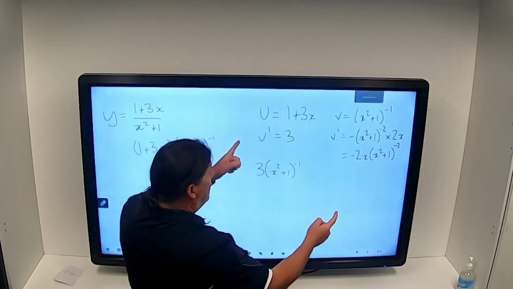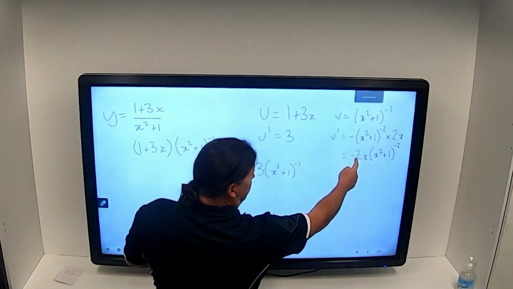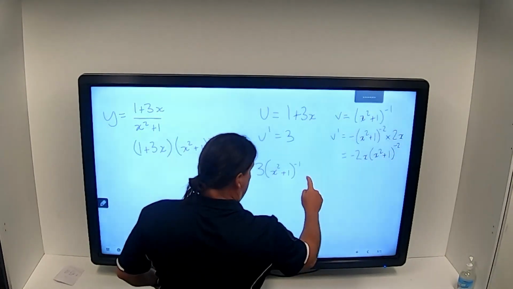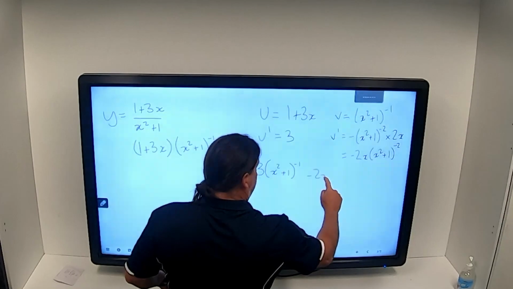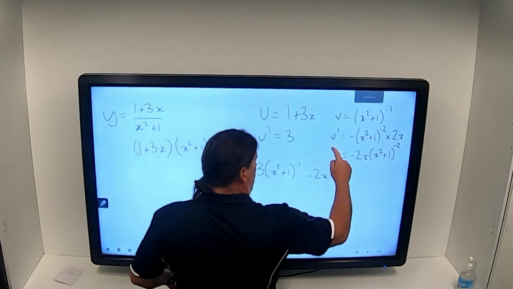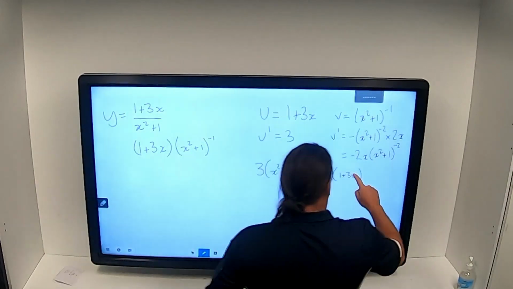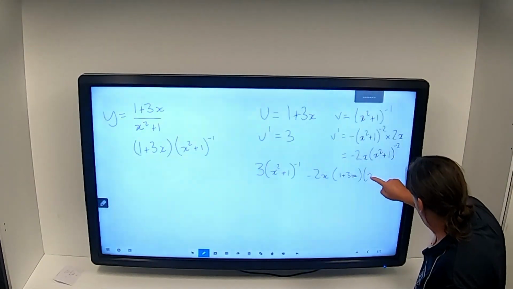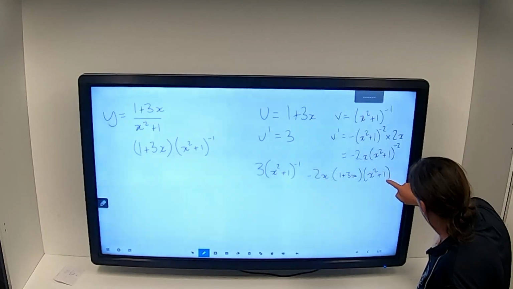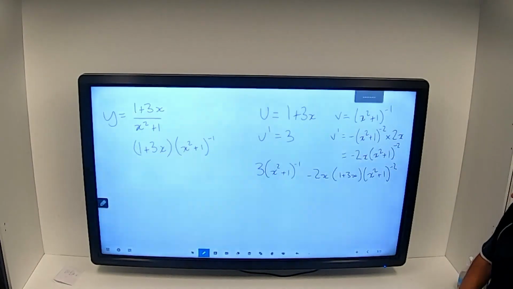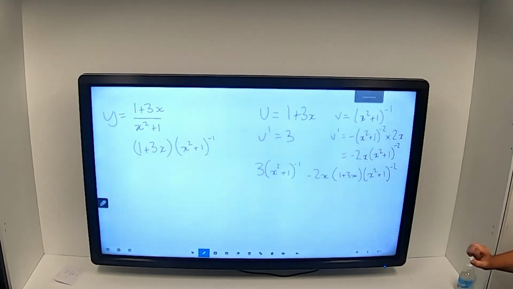Then when we go plus u v dash, we've got a minus sign here, so it's ultimately going to be minus 2x times 1 plus 3x times x squared plus 1 to the minus 2. Now that looks different to the answer we had with the quotient rule, but it's essentially the same. Unless I've made a careless mistake in there somewhere, it's the same thing written differently.